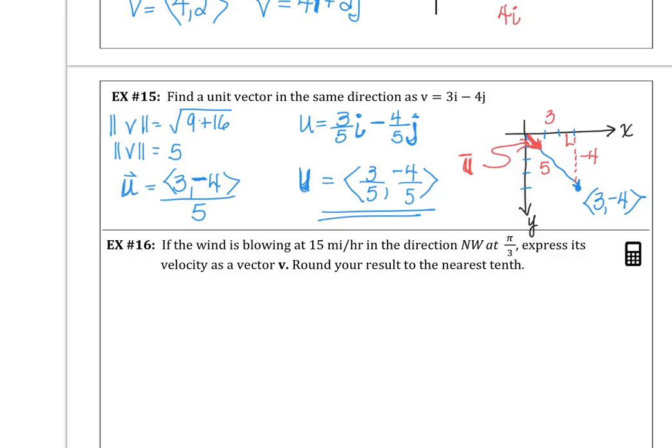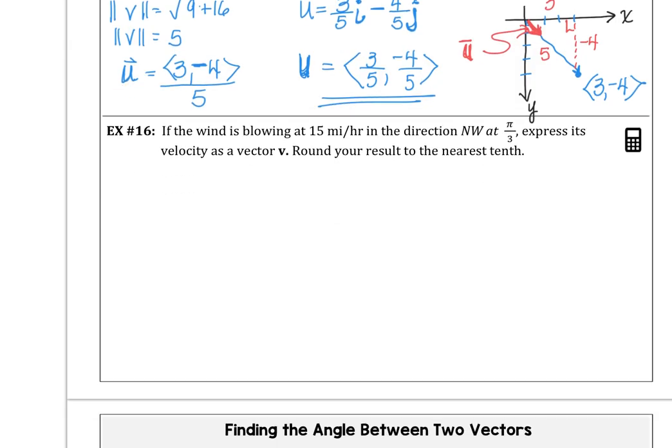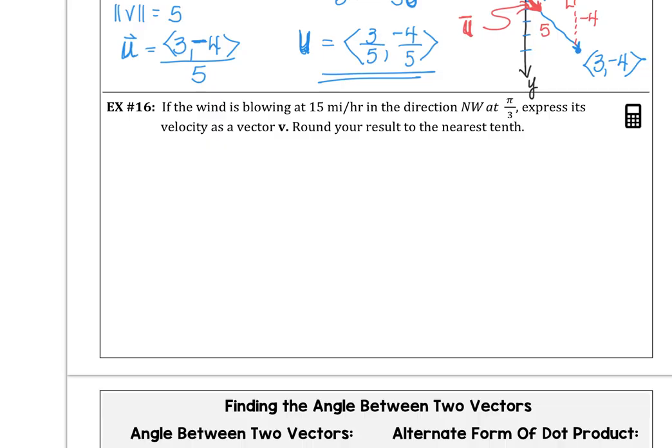Example 16. If the wind is blowing at 15 miles an hour in the direction northwest at pi over 3, express its velocity as a vector and then round your result to the nearest tenth. So you need your calculator here to help me out. We have the magnitude.